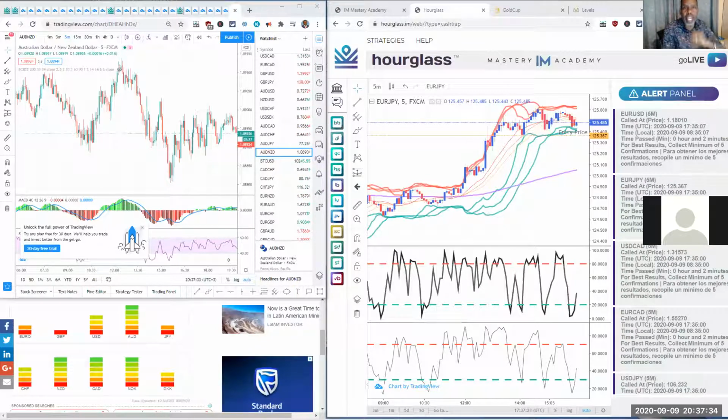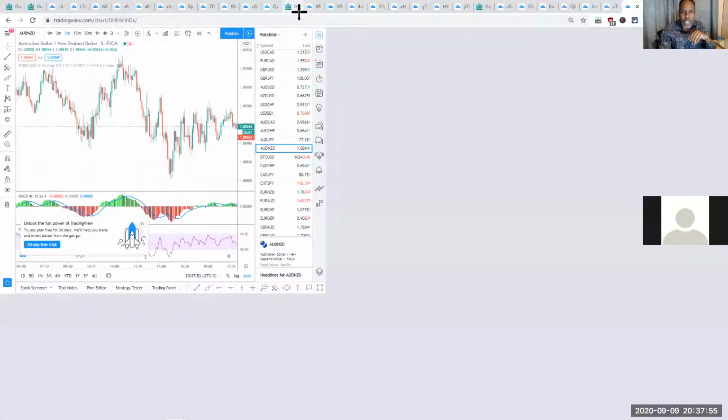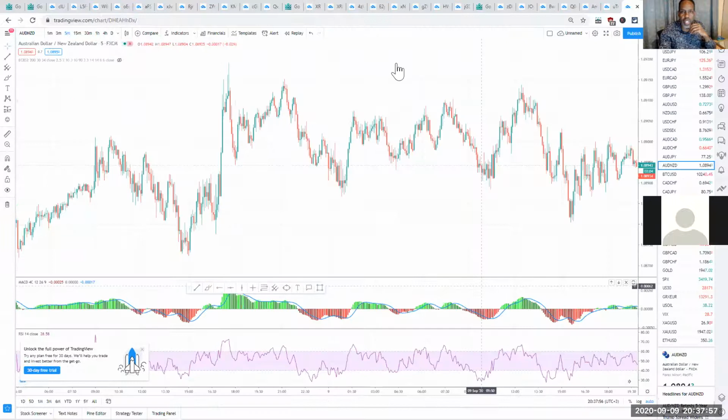Yeah, so basically this is how I trade. But today I just wanted us to learn just a few things about the trading itself. Let me put this one to fill the whole screen.